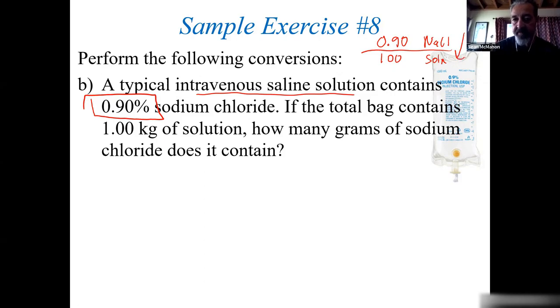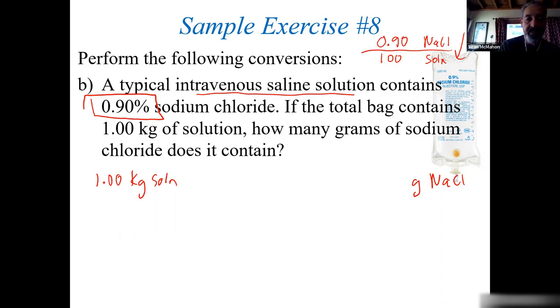Okay. If the total bag contains, so what am I given? I'm given 1 kilogram of solution. And I want grams of sodium chloride. So how am I going to do that?